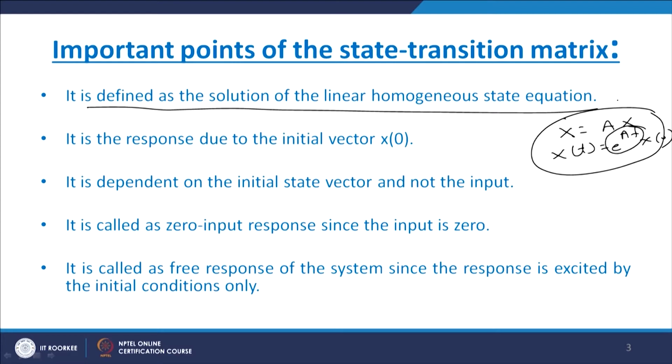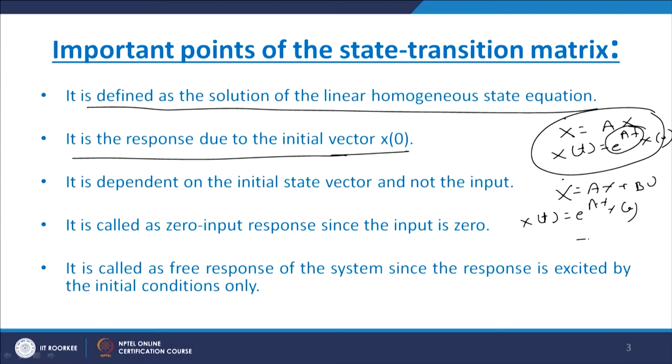It is the response due to the initial vector x naught. But if you consider a forced system like this, x dot equals ax plus bu, here we will get x of t equal to e raised to a t x naught plus the integral from 0 to t of e raised to a of t minus tau b u of tau d tau.